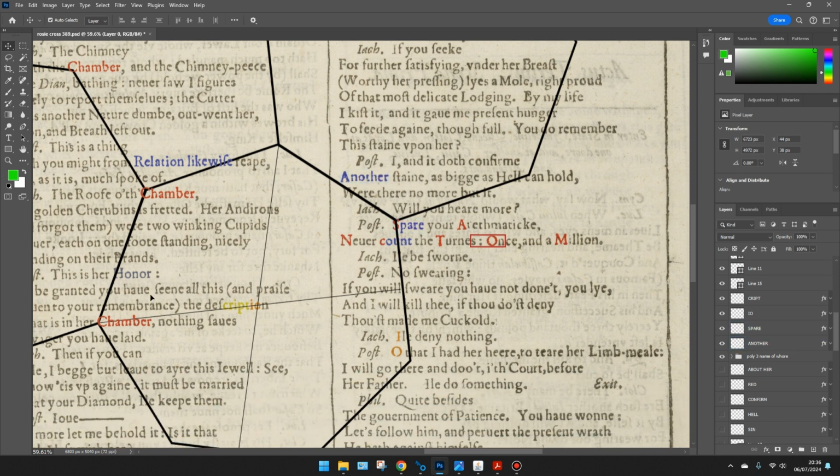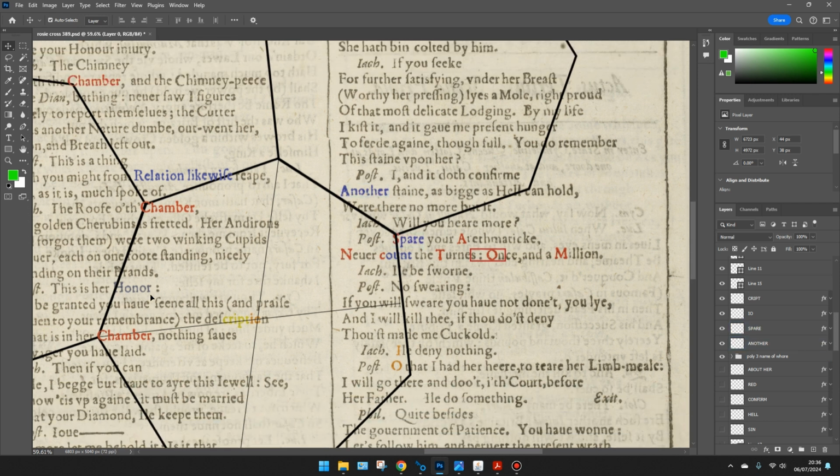So that means we've basically used various words, relationship likewise, another and spare, to help us place exactly where we should be putting the next heptagon and following this structure to its completion.